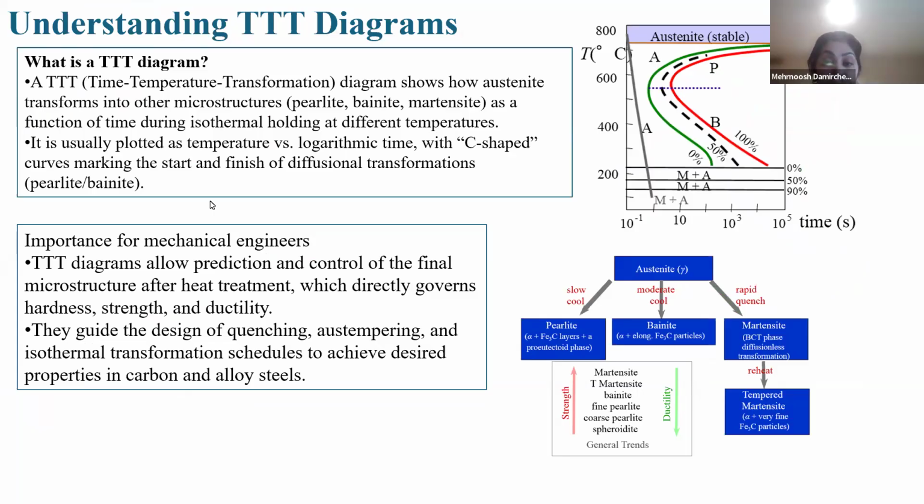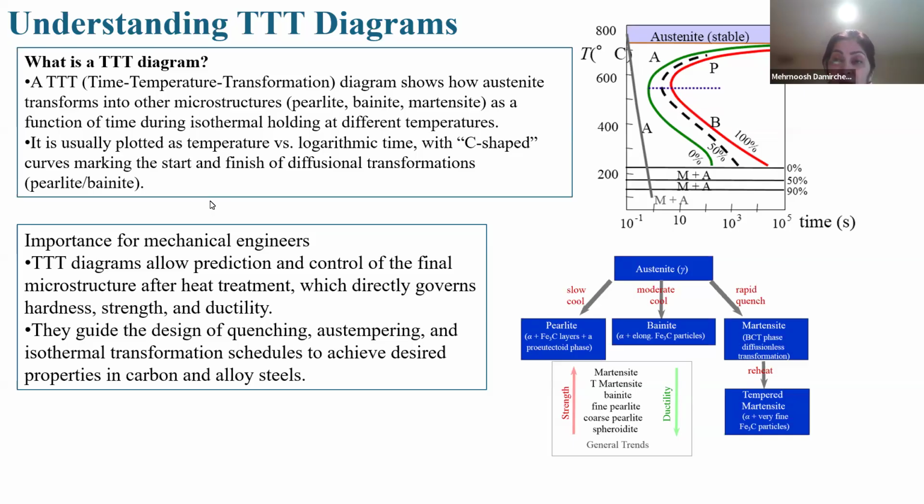What is a TTT diagram? TTT stands for time temperature transformation diagram. This diagram shows how austenite transforms into another microstructure, such as bainite, pearlite, or martensite, as a function of time and temperature during isothermal holds. It's very important to know that only austenite converts to pearlite or bainite or martensite, not other structures.